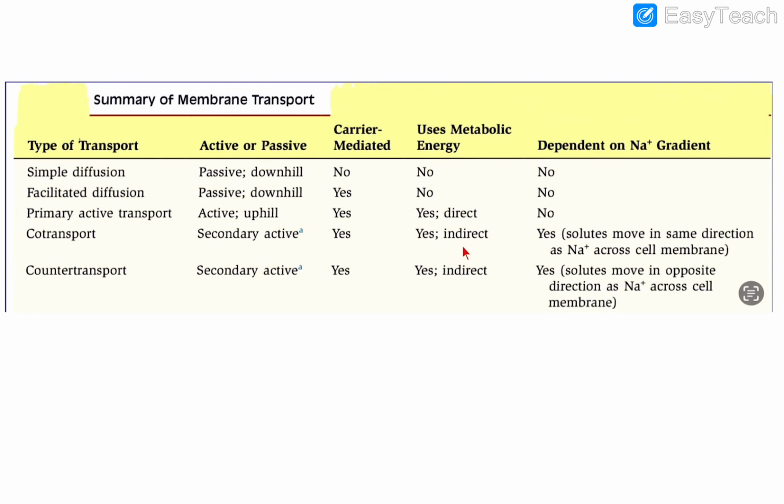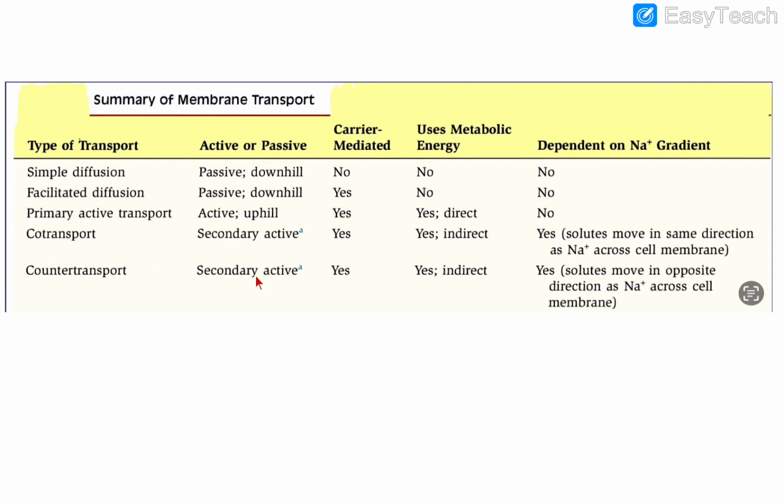What does that mean? It means that it uses the energy of movement of sodium across the cell membrane. When sodium moves across the cell membrane, it creates an energy gradient, and that energy gradient is used by the other molecules to move across the cell membrane.